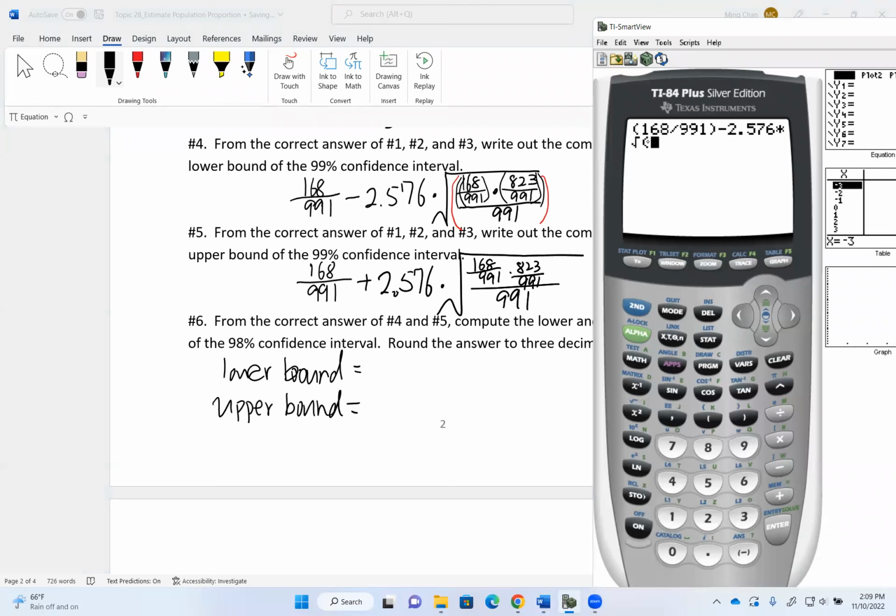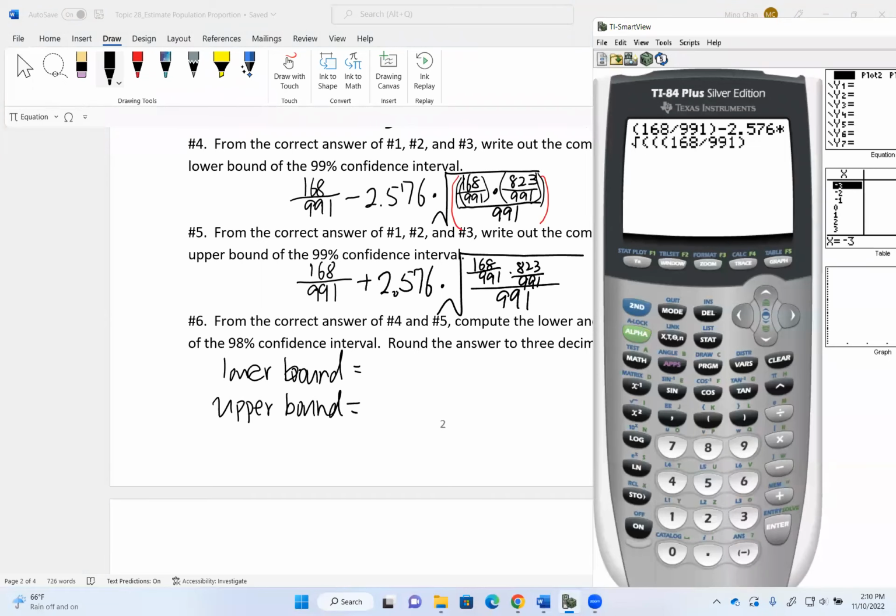This parenthesis comes with the square root. So I open one for the numerator and then one for 168 divided by 991, and close a parenthesis for the fraction.